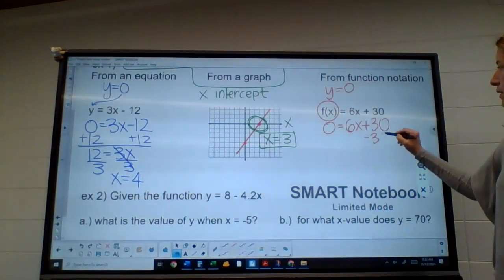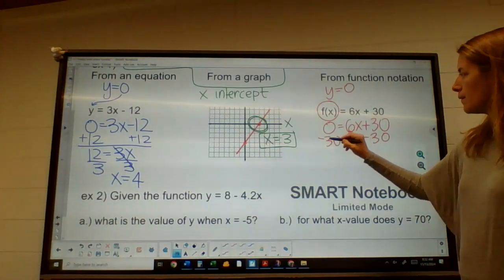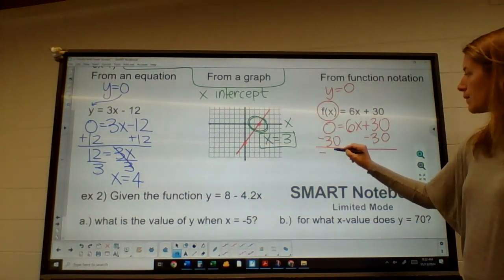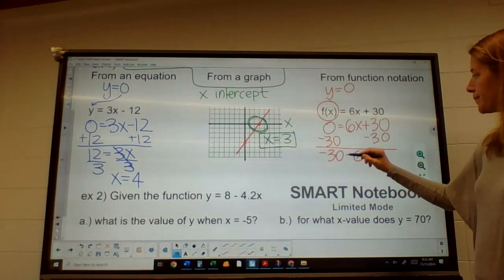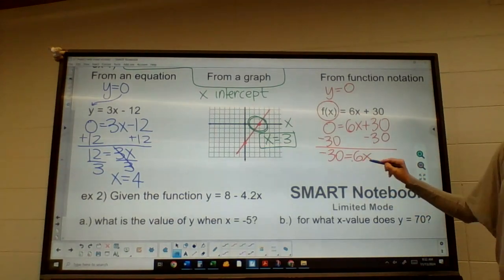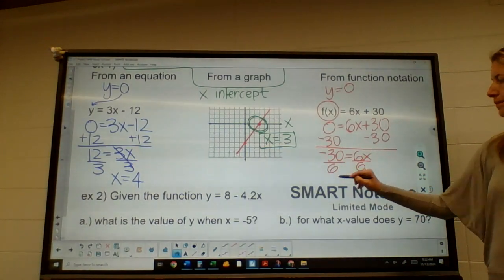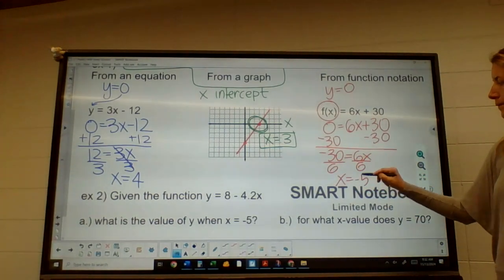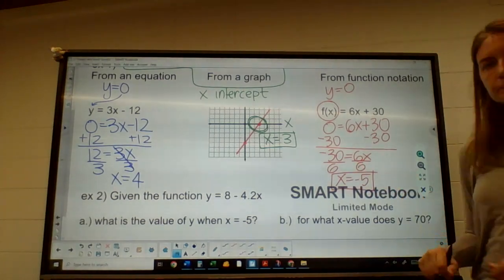So we're going to move 30 over. This is being multiplied, so instead we're going to divide. And we're going to find our x.